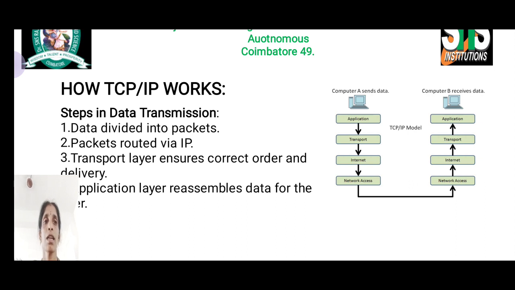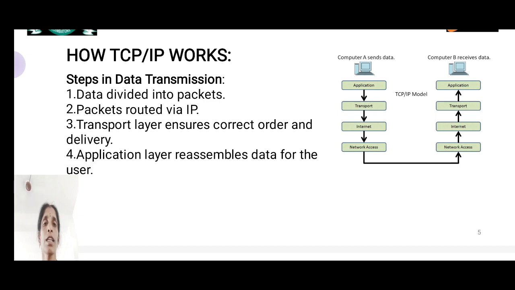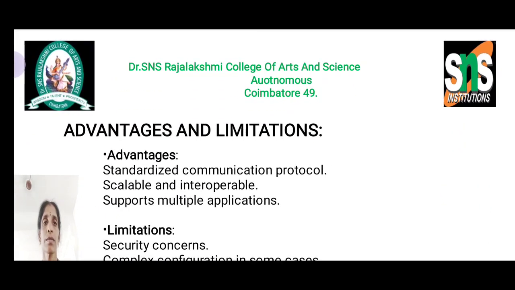The packet will be delivered from the network access layer to the network access layer of the destination machine. After that, once the destination machine's network layer receives it, it will be forwarded to the internet, transport, and application layers, and then it finally reaches the destination machine. This is the architecture of TCP, showing how it forwards the packets among different layers.